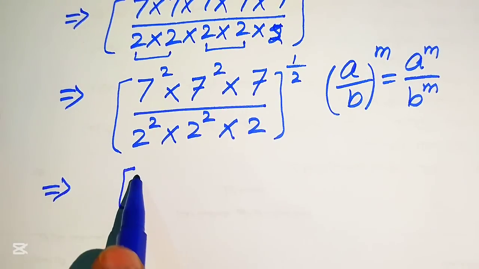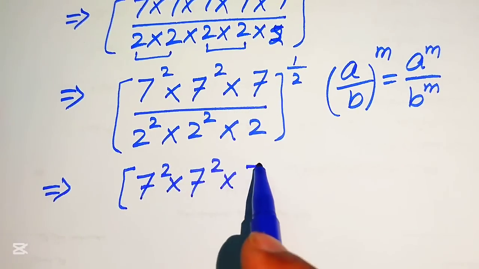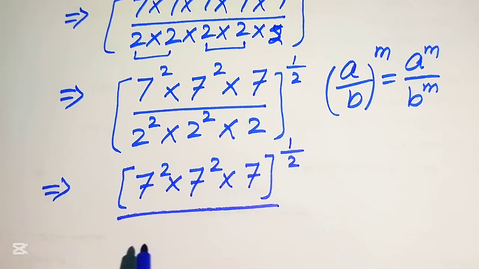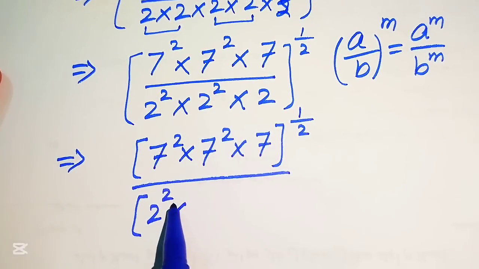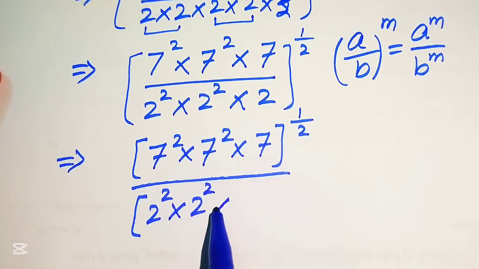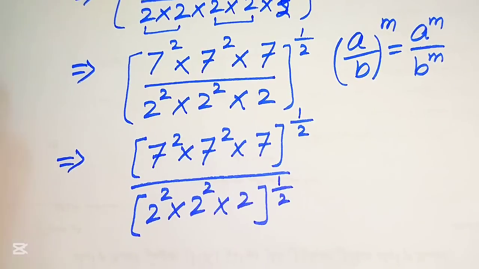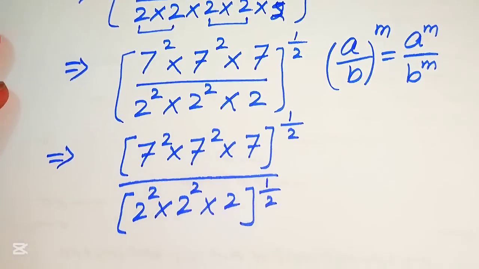So it will be written as 7 square multiplied by 7 square multiplied by 7, and its whole power is 1 over 2, divided by 2 square multiplied by 2 square multiplied by 2, and its whole power is 1 over 2. Here we can apply this 1 over 2 on both of these values.